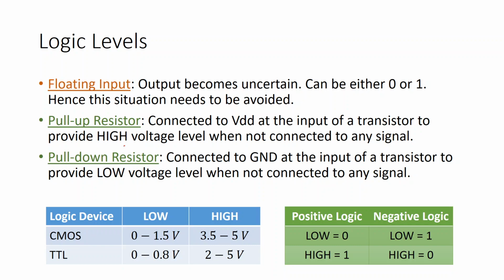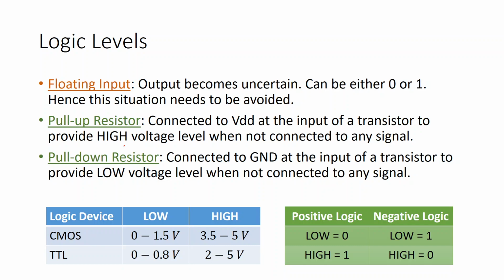When this signal appears, it is treated as the input to the transistor. However, when the signal is not connected, by default it is connected to either high or low.